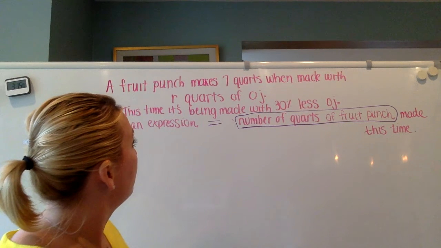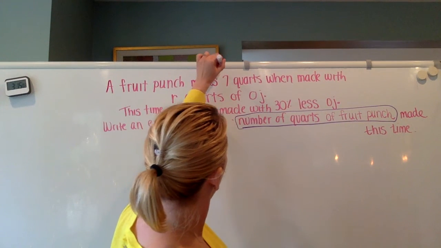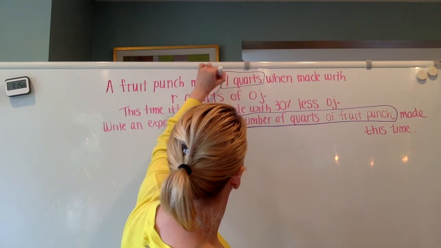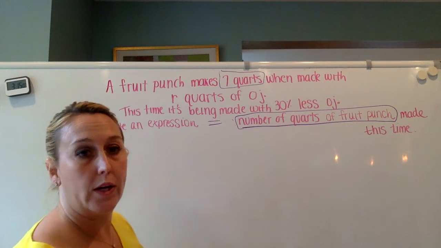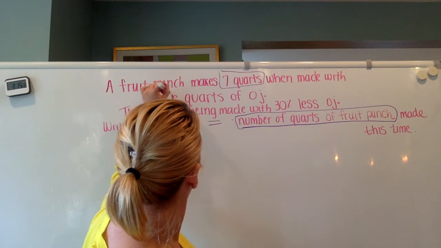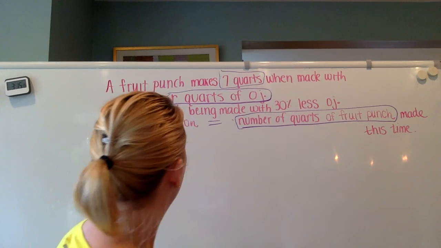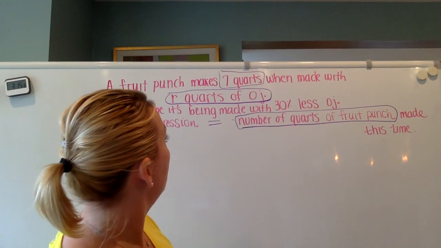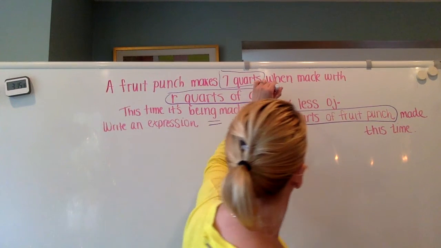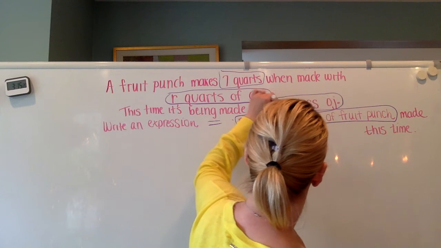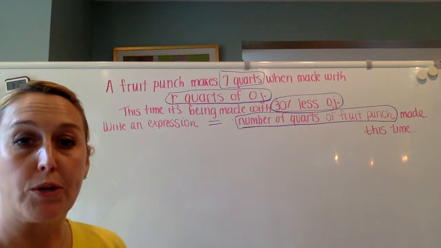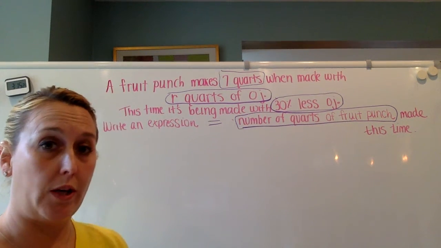Well, typically a fruit punch makes 7 quarts when made with R quarts of OJ. But this time it's being made with 30% less OJ.